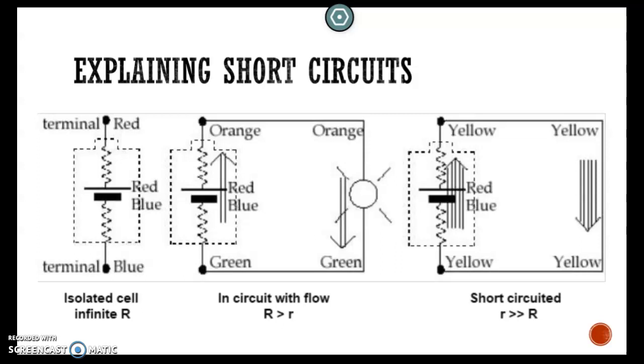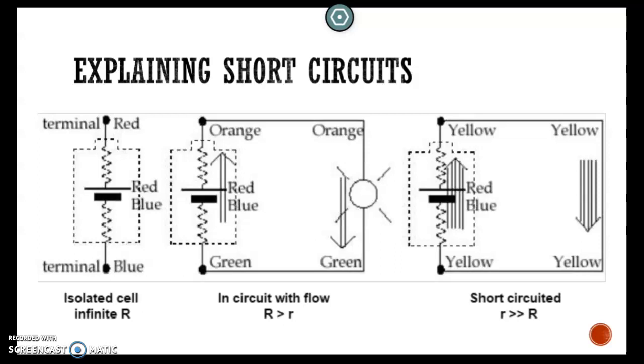So therefore, the electrical pressure difference due to the chemical action of the battery is somewhat diminished by the resistance of the battery. And as a result, the electric pressure difference across the terminals of the battery is reduced from orange to green. And this could be a pressure that's very close to red. It doesn't necessarily have to be a whole jump away all the way to orange.